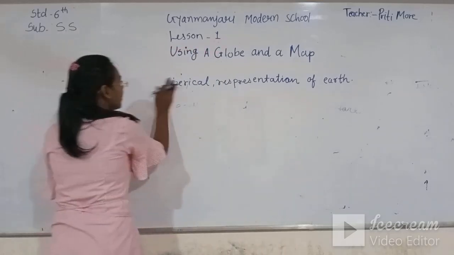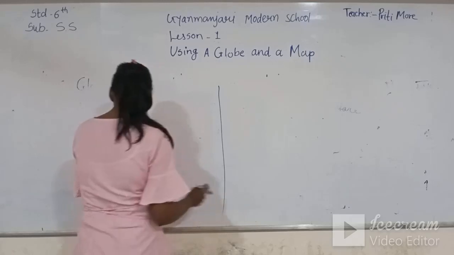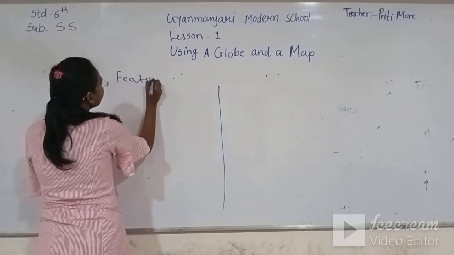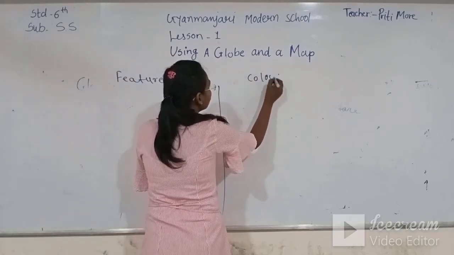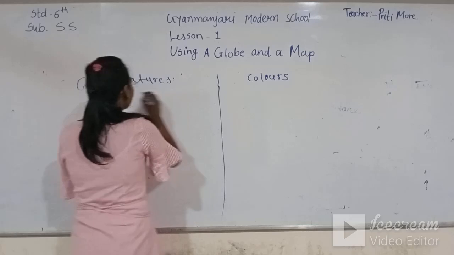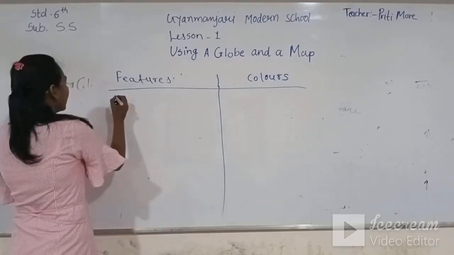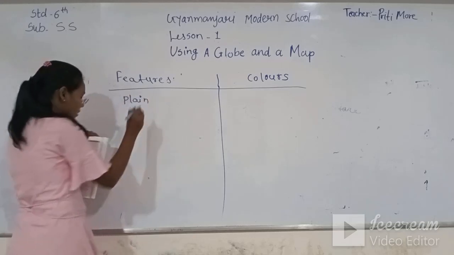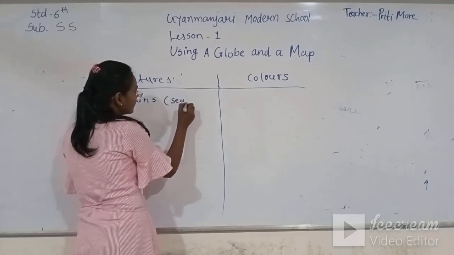That means on the map, features and colors. Now on the map we have to show the plain area, plain sea level.